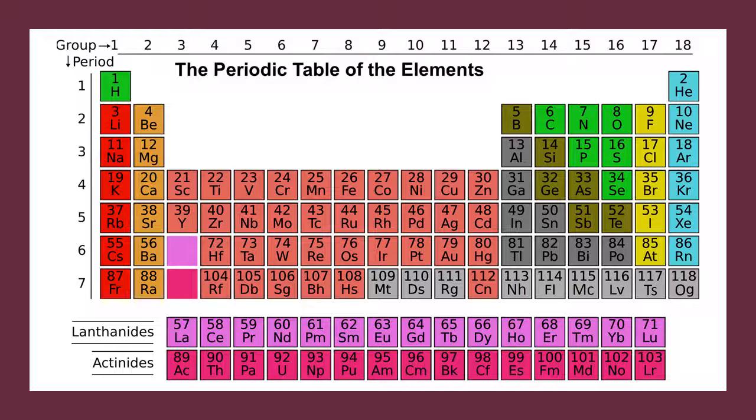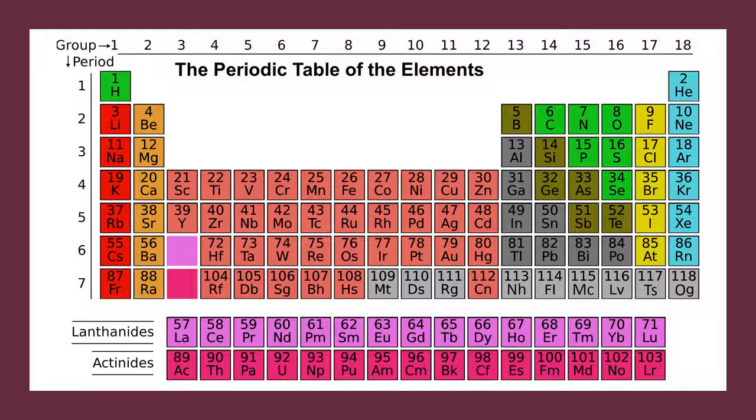The thing to realize is that the placement of these subatomic particles follows that pattern on the periodic table. For every period, there's a certain number of elements that you will find, and that will tell you the maximum number of electrons that are allowed in the shells.